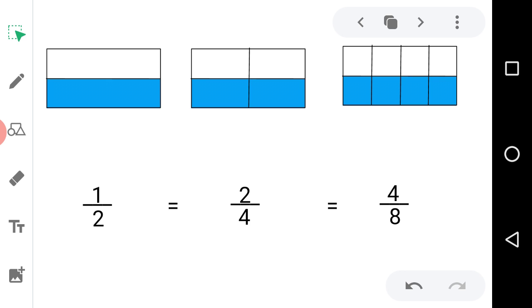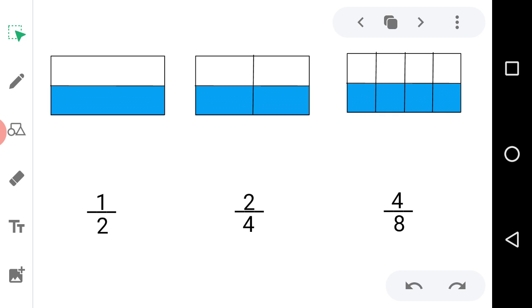Now see, we have a fraction. So how can we find an equivalent fraction? So see here, how do we get 2 from 1?